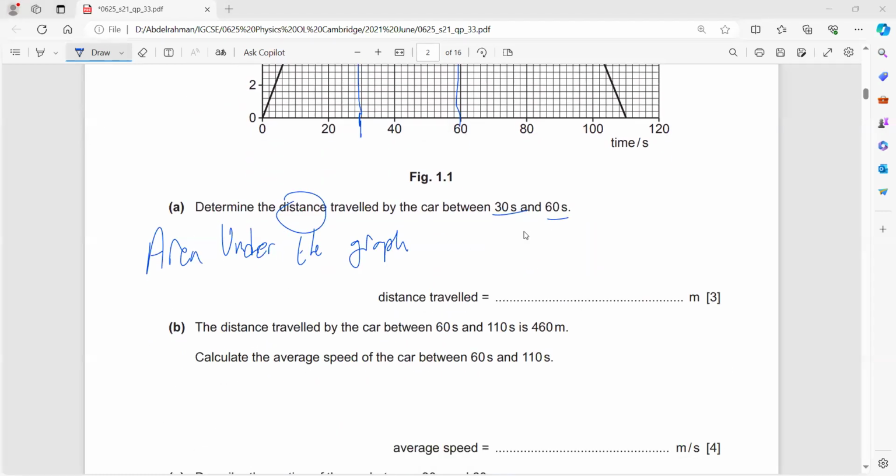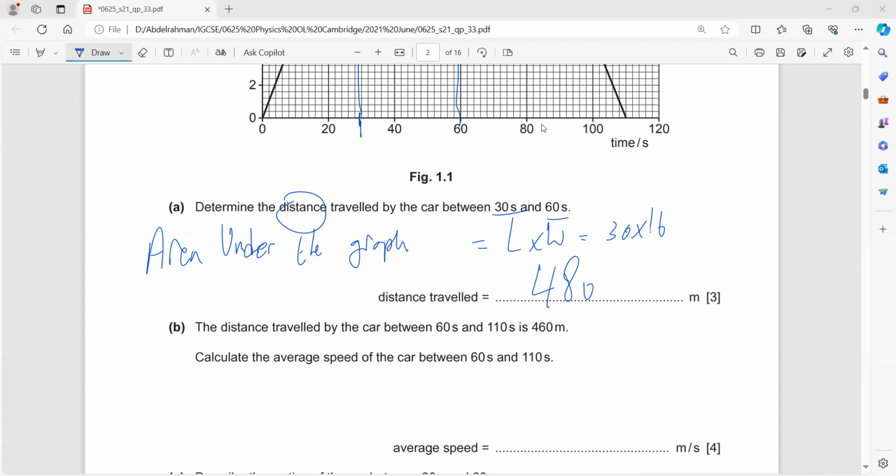Length times width means 30 times 16, which is 480. Please, if I make any mistakes while calculating, tell me right away.